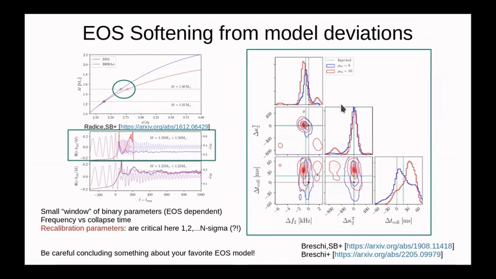Only using those, you can actually estimate whether the violation is 1 to n sigma significant with respect to your input. So there are some caveats.